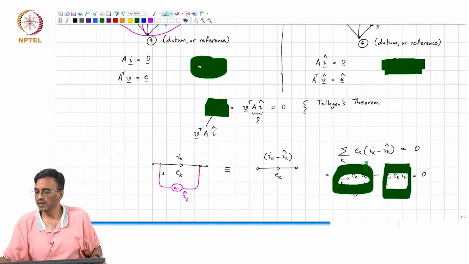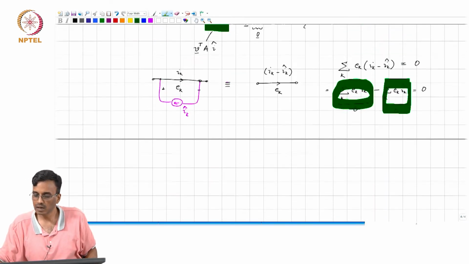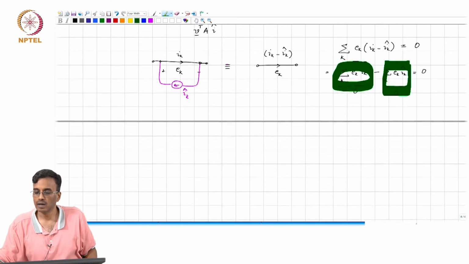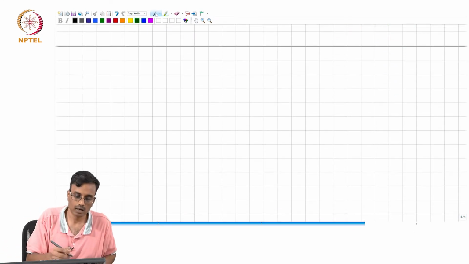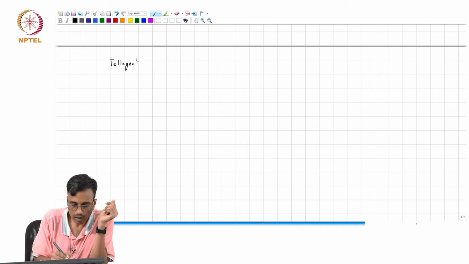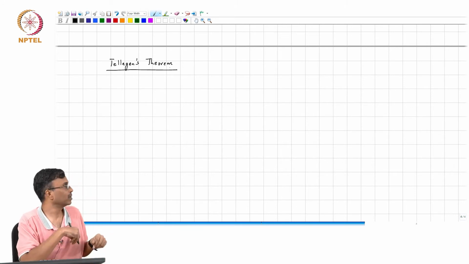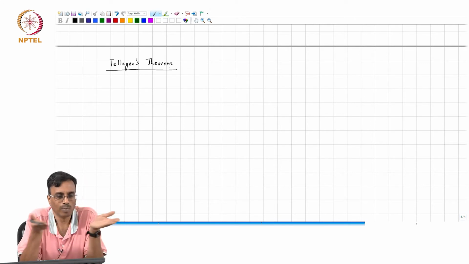Now, it turns out that Tellegen's theorem has a whole bunch of interesting applications, and let me talk about a couple of them. Tellegen's theorem can be applied to two networks having the same graph, which implies a whole bunch of obvious things.